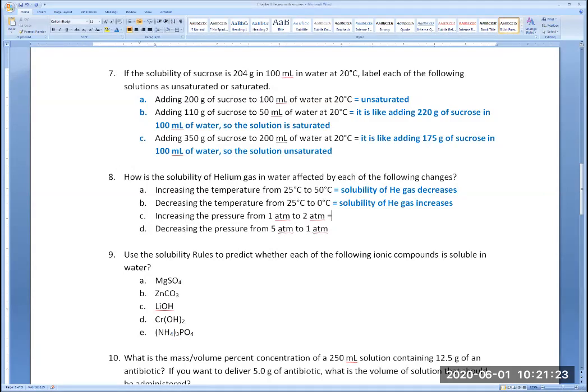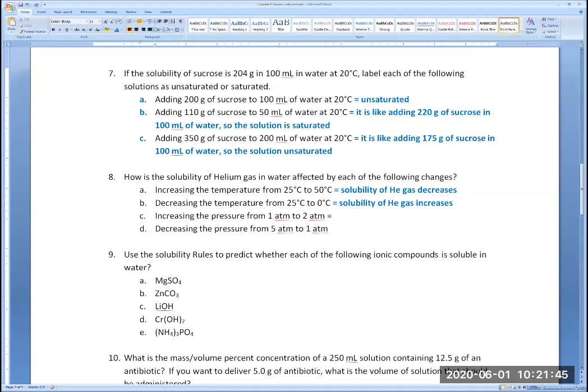The solubility of a gas in a liquid will depend on pressure. If you increase the gas pressure above a liquid, you will be able to put more of that gas into the liquid. It's like you're pushing the gas inside the liquid, and its solubility will increase.